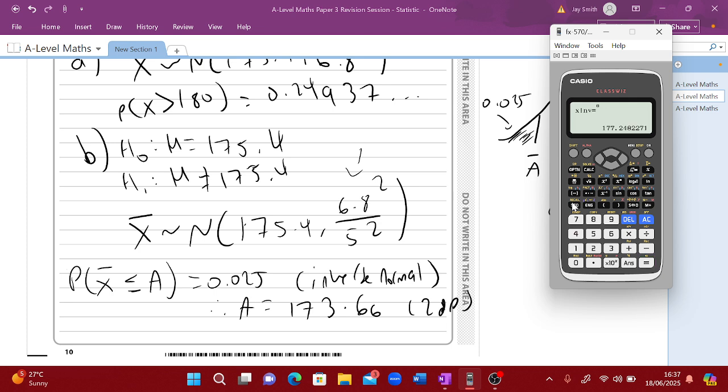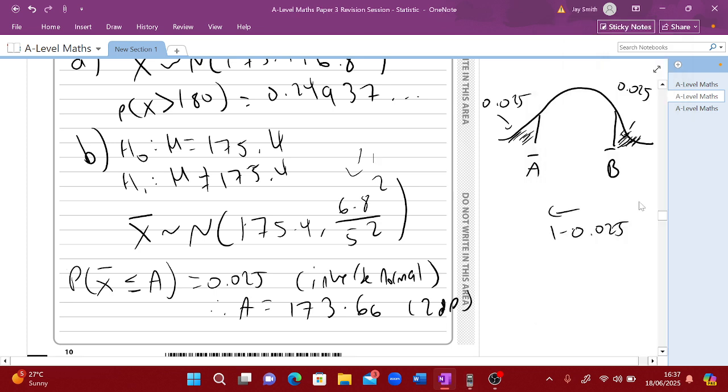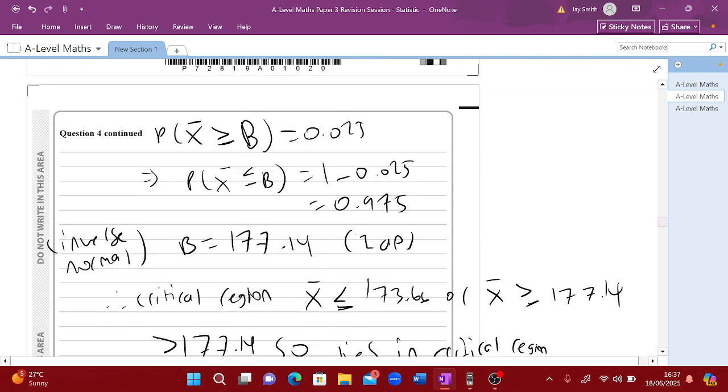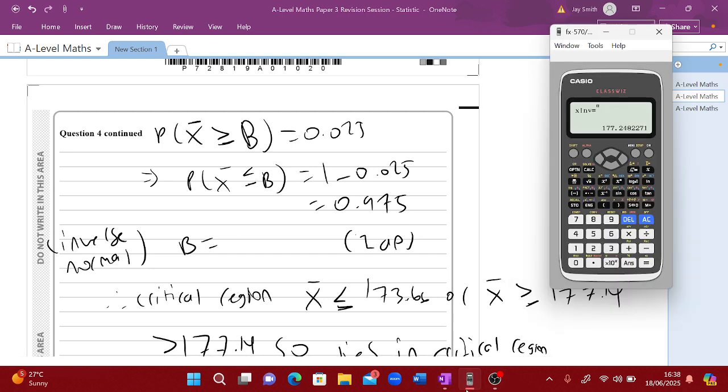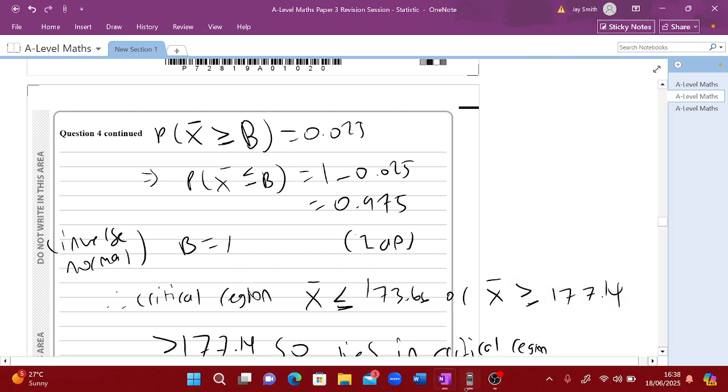So the lower tail. So that'd be B, wouldn't it? So B with a probability of 0.975. B would be not 177.14, but 177.25.